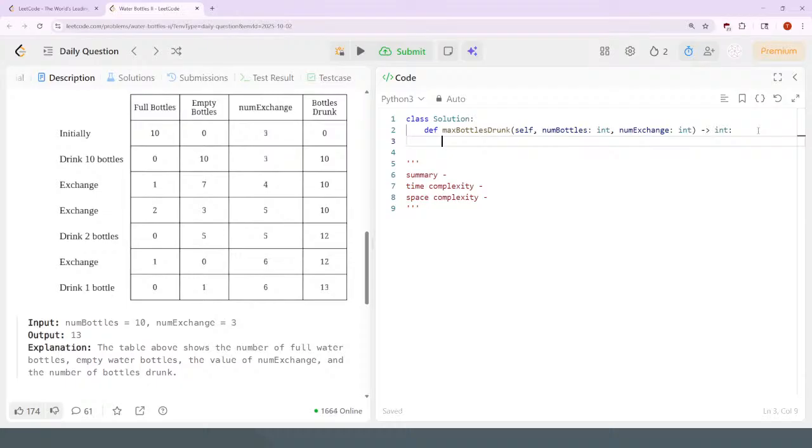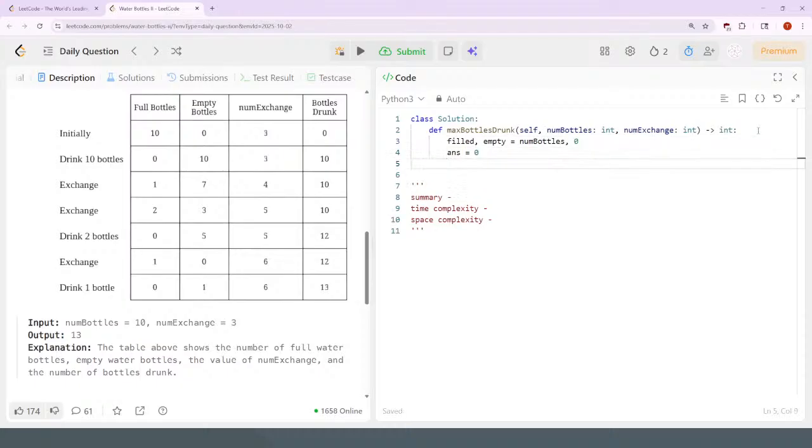So I think I need to have filled and empty be numBottles and 0, while... what's the stopping point?